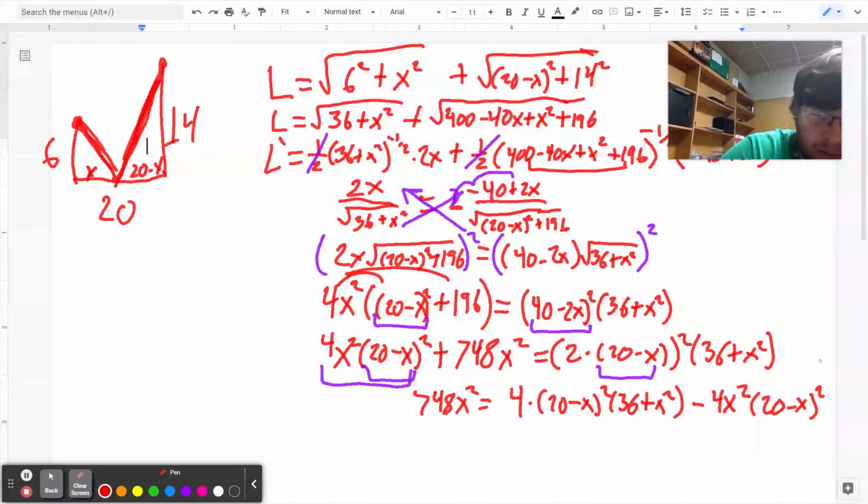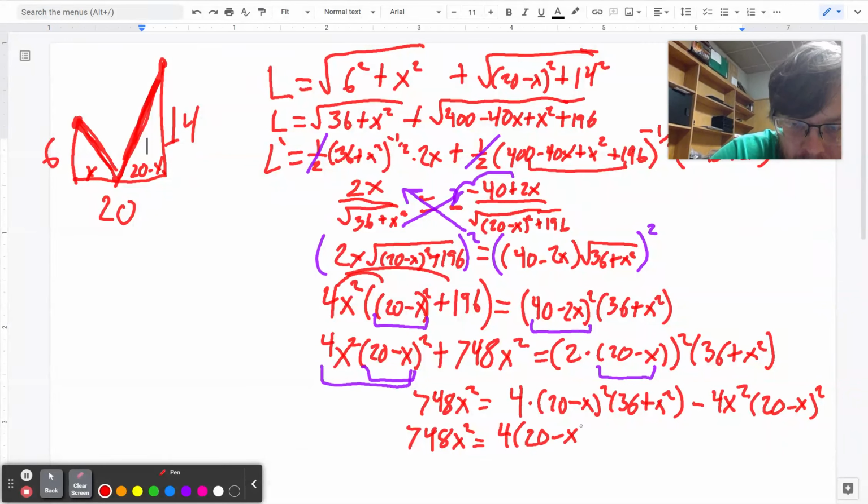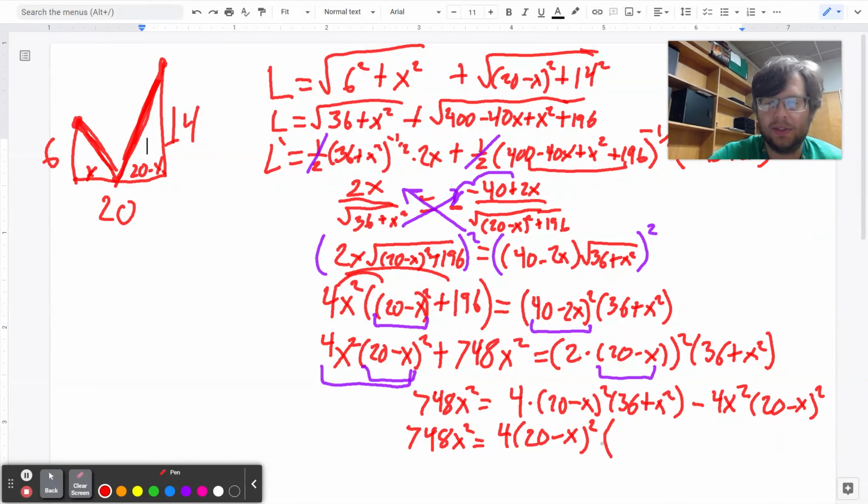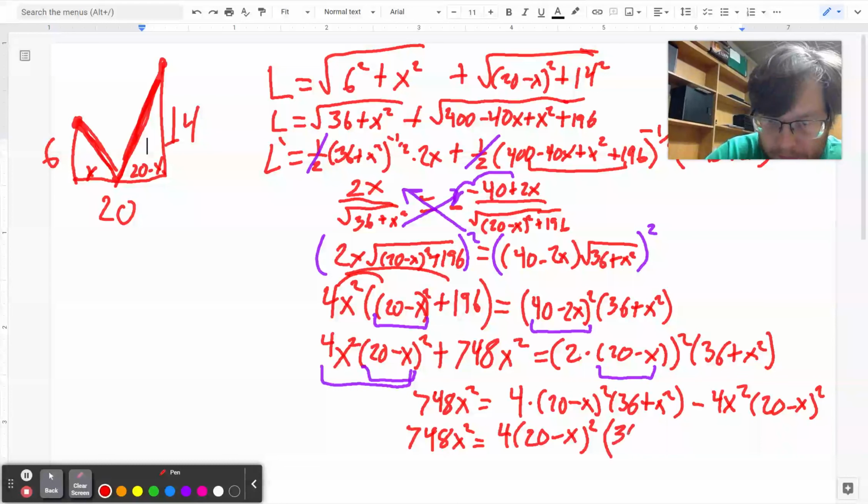Beautiful. Now we can write this. 748x squared equals, they both have 4 times 20 minus x squared, and then the first piece has 36 plus x squared, and the second piece has minus x squared.